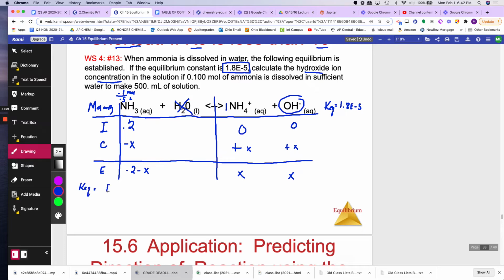Okay, so the K equilibrium expression would be ammonium times, I'm sorry, the plus is inside, times OH minus divided by products over reactants, which is NH3. And again, you don't write the water because it's a liquid. So now we plug in the numbers.